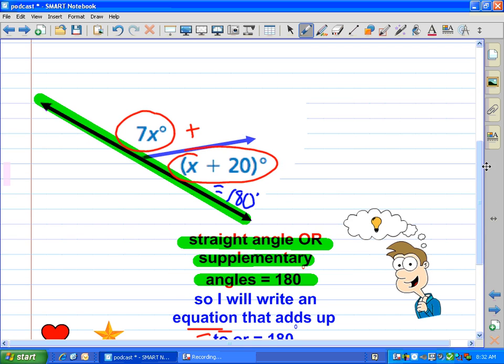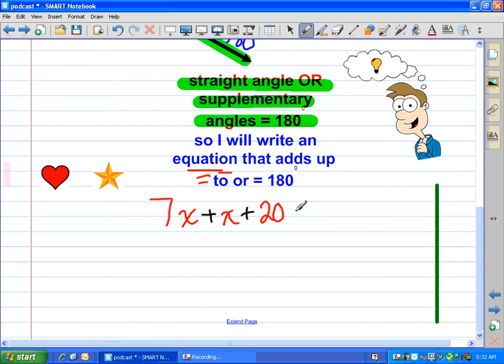And remember, guys, they have to equal 180 degrees because it's a straight line, or you can say they're supplementary to each other.